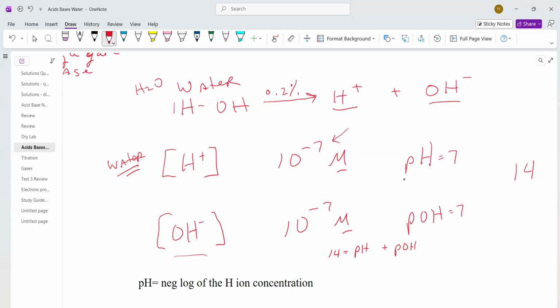So if you have a pool or a spa, you test the pH all the time, and you test it colorimetrically, and you compare it to a color scale, and it'll tell you what the pH is. And then you add different things to adjust the pH to what it's supposed to be.